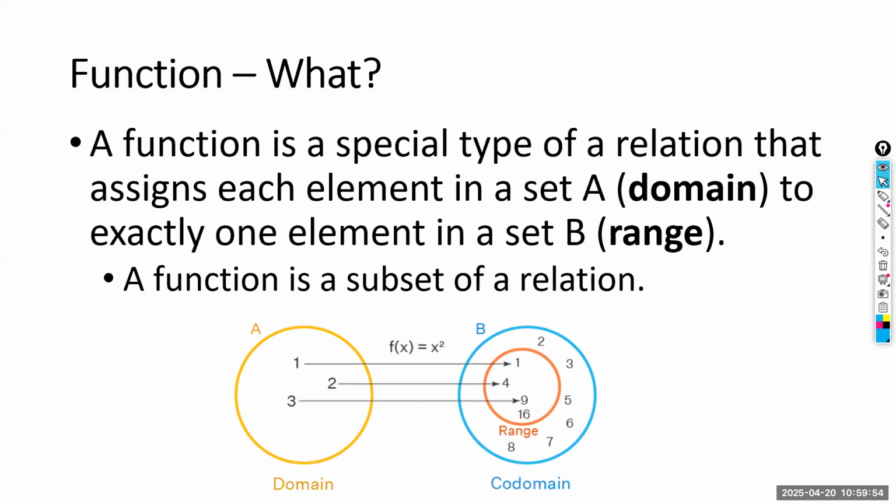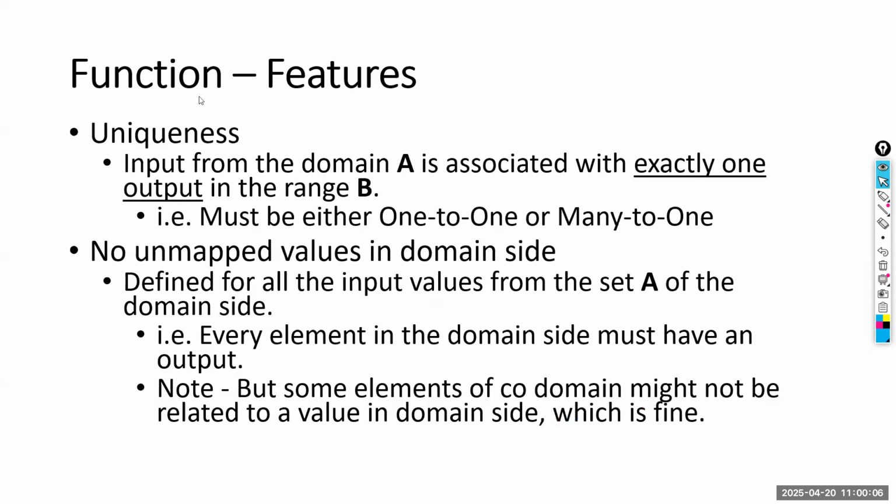So how do you define a function? This is the formal definition, but I will give you an informal definition first. If a relation satisfies the following two properties, we can say that relation is a function. What are those two properties?